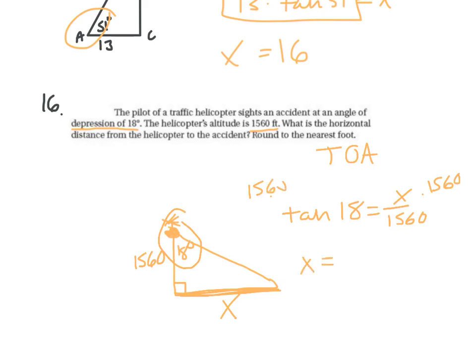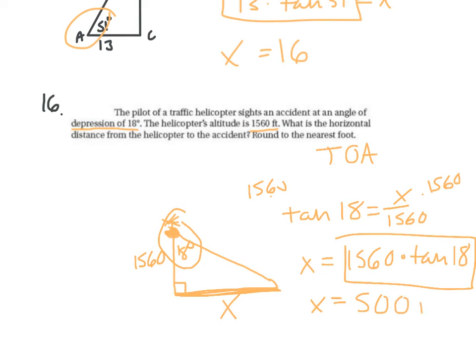So we get X is equal to 1,560 times the tangent of 18. And we're going to put this into our calculator. And what do we get? I have 500 feet. All right, so you're going to have a question on your test where you have to draw the triangle like this.